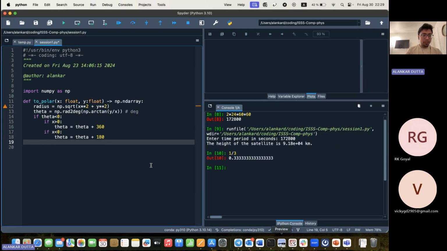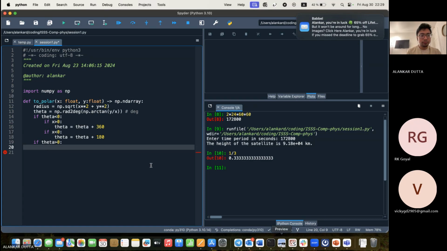Okay, now the other part of the question, if theta is greater than 0. Then we will again do the same thing.